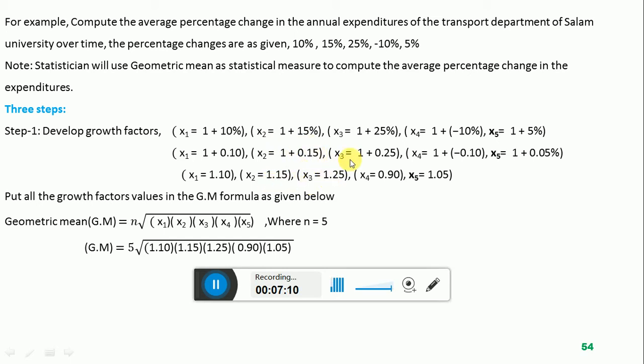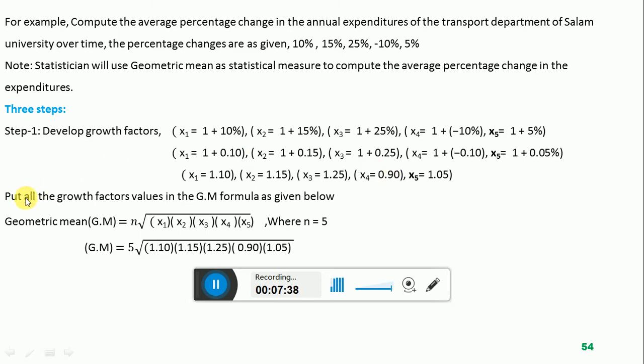Third data item, by adding 1 plus 0.25, we have 1.25. And the fourth data item, by adding 1 with minus 0.10, we have 0.90. And the fifth data item, by simply adding 1 plus 5%, which is 1.05. So in the very first step, simply by adding 1, the statistician has to develop the growth factors.